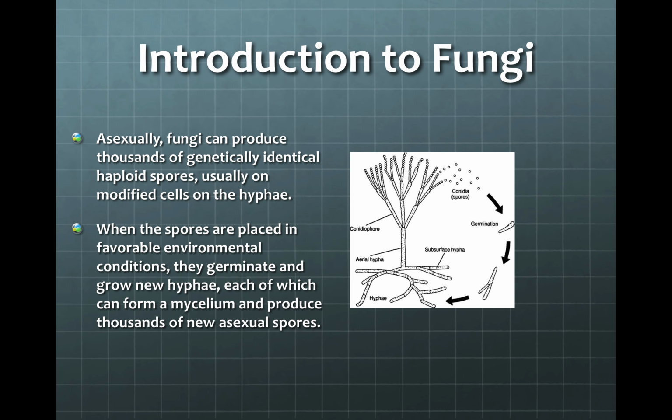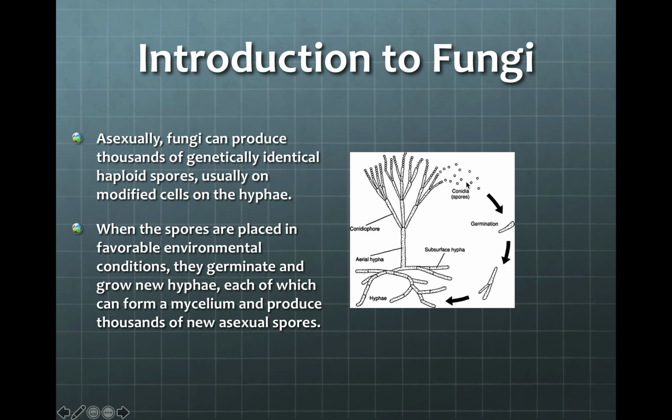But in favorable conditions for a fungus, they're going to reproduce asexually. So when the spores are placed in favorable environmental conditions, they're going to germinate, which means they're going to break out, and they're going to grow new hyphae.